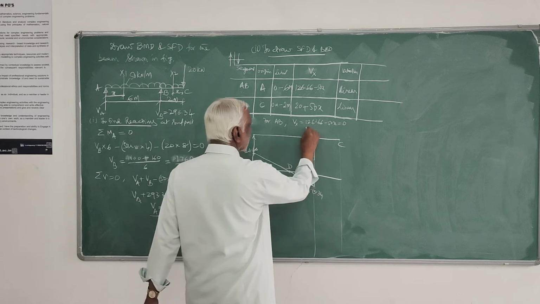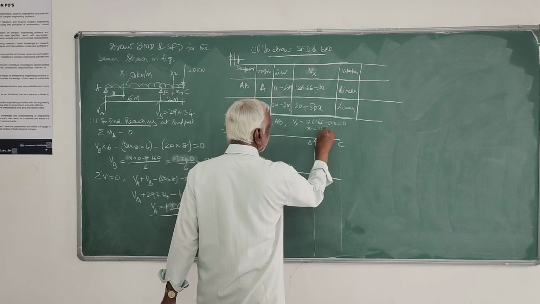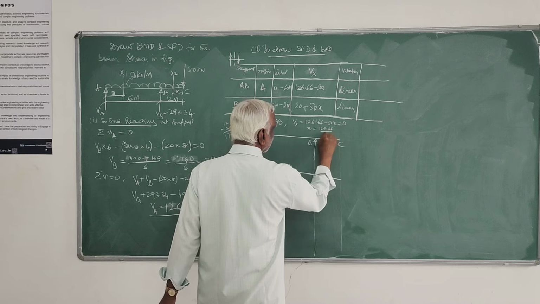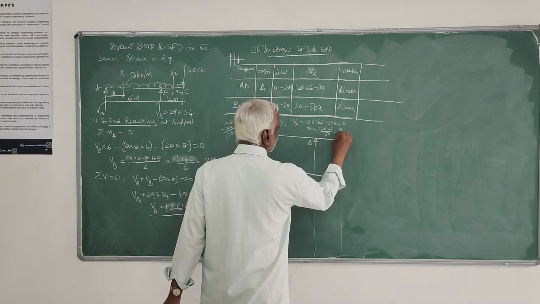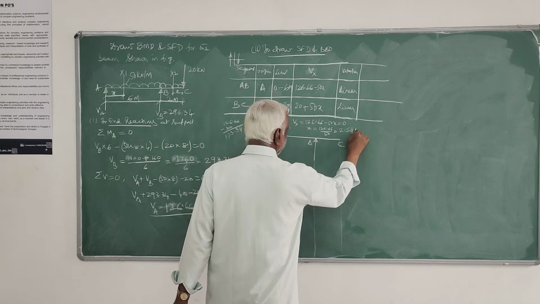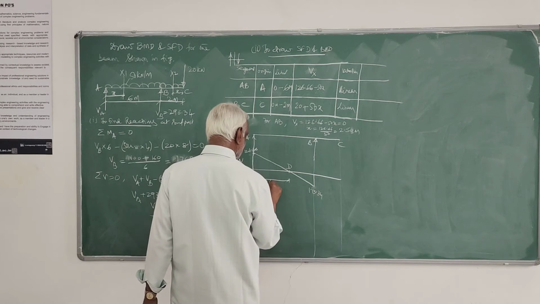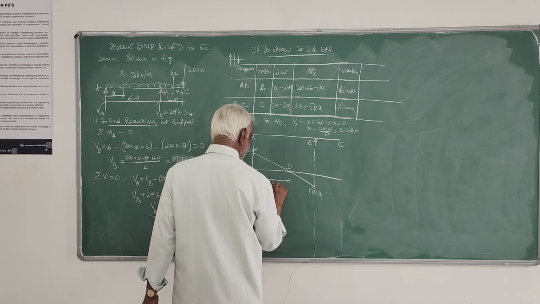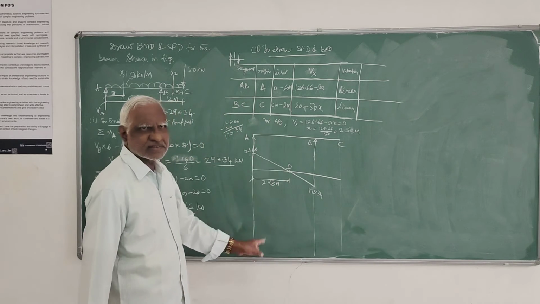So x is equal to 126.66 divided by 50, that is 2.53 meters. So this is at 2.53 meters.